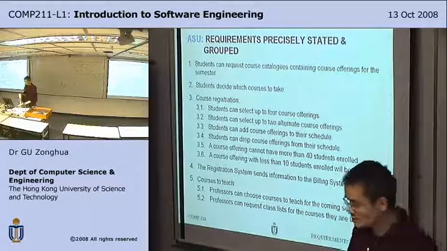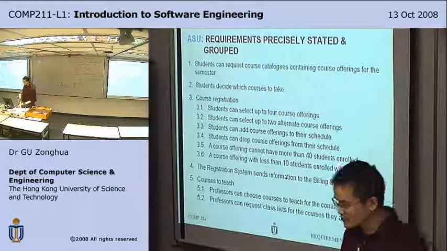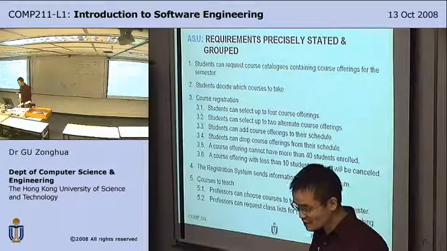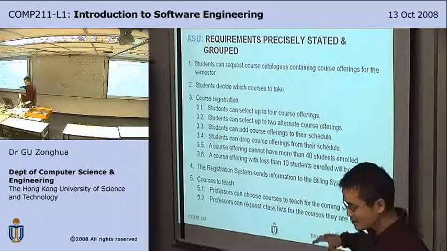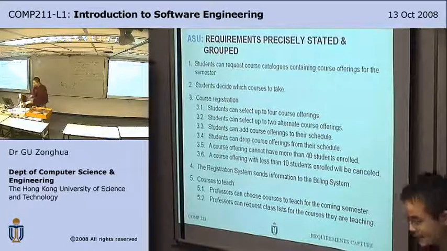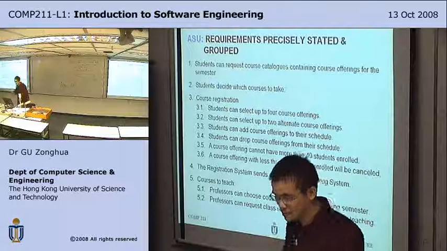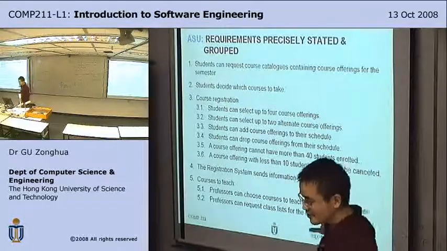First, request course catalogs. Second, decide courses to take. Third, you have some sub-steps. You can possibly write this as a sub-flow, or you can pull it into the main flow. Both are okay. This is the main flow style.